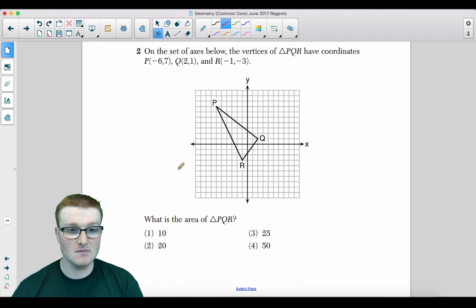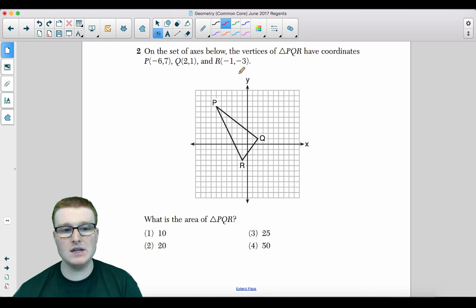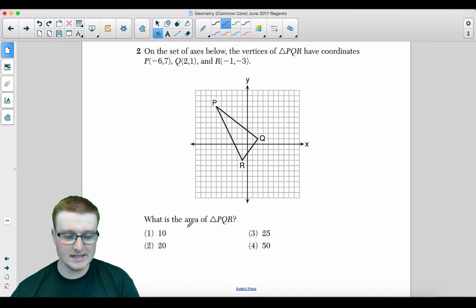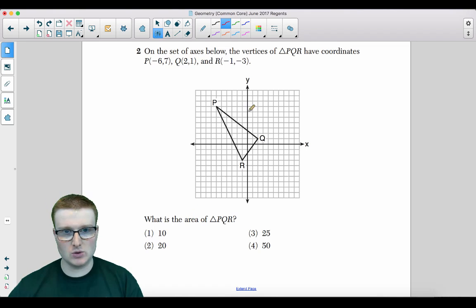Moving along. On the set of axes below, the vertices of triangle PQR have these coordinates. What is the area of triangle PQR? So here's the thing that I tell students about this question. There are 2 ways that you could do this question.